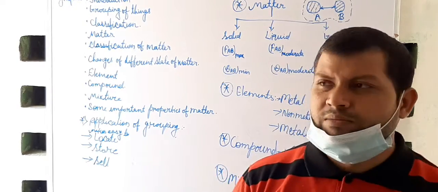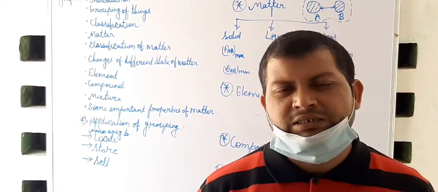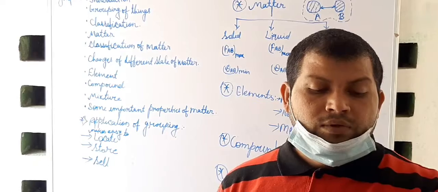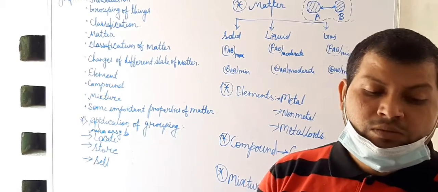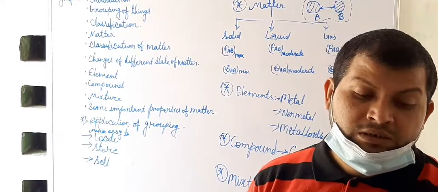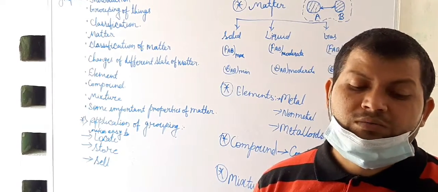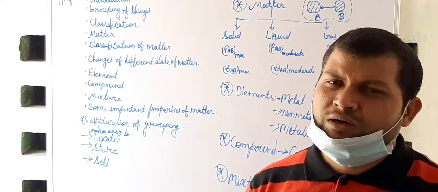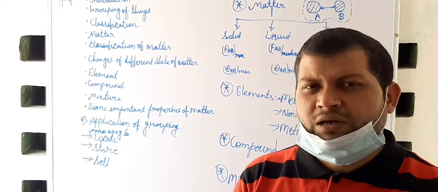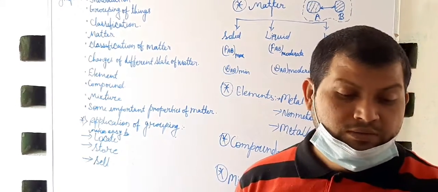Now, some objects are magnetic in nature and some are not. For example, iron is a magnetic substance, but copper is not. Copper shows a little bit of magnetism, but aluminum is a completely non-magnetic substance.